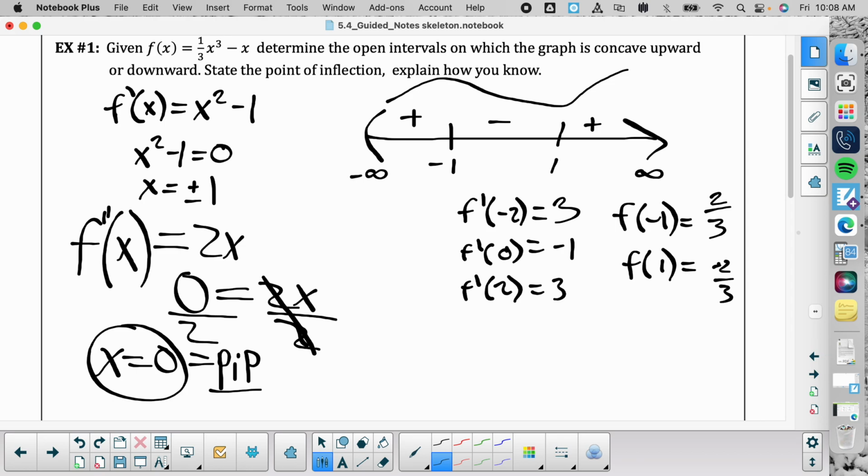P period, I period, P period. It just means possible inflection points.